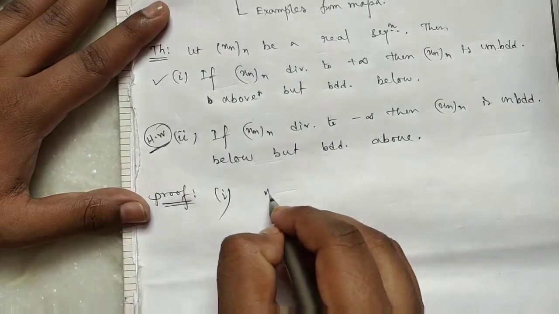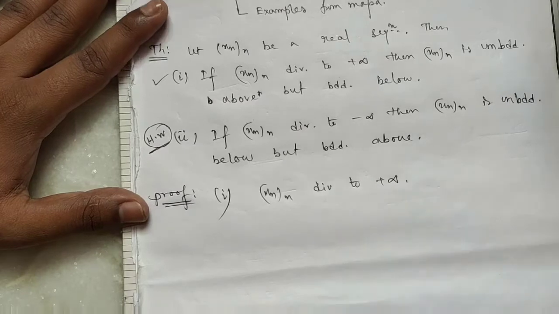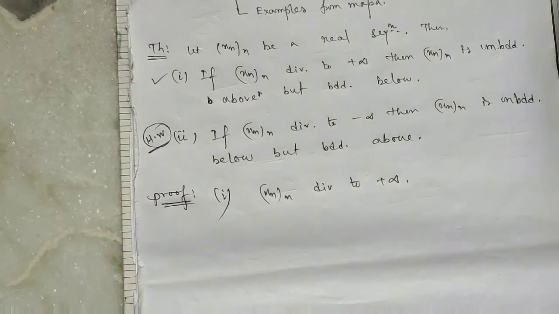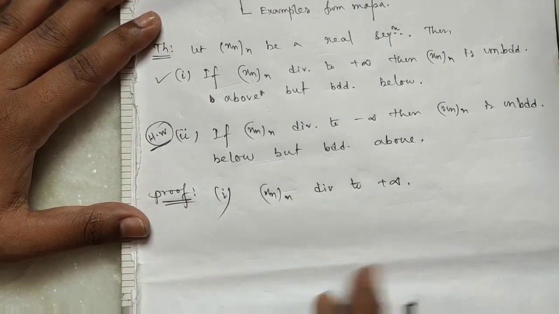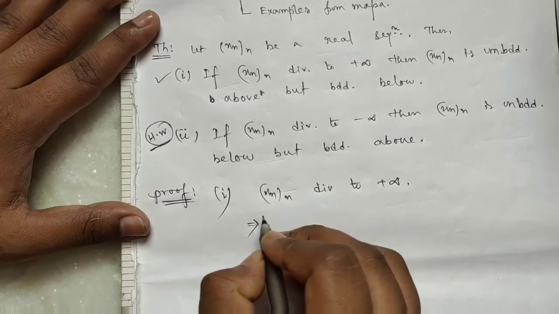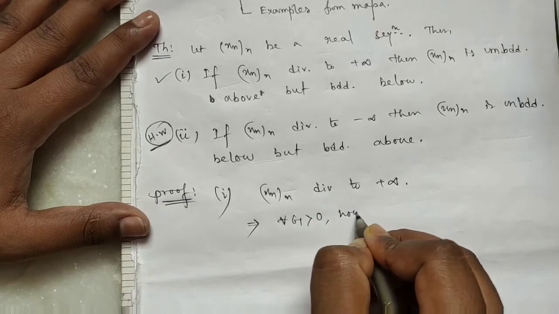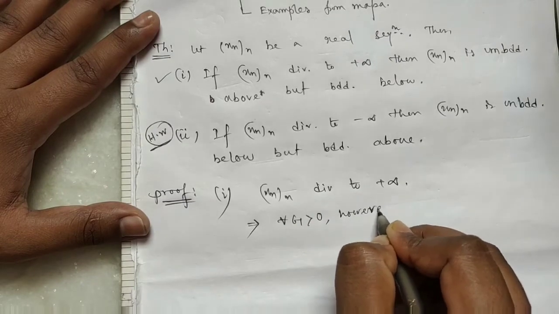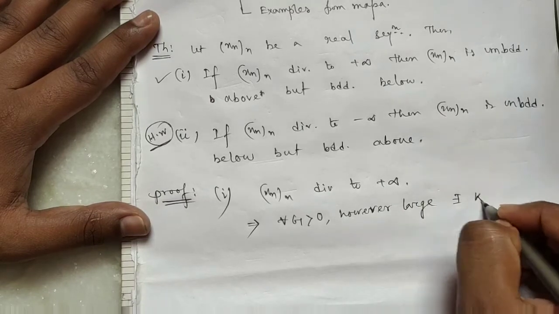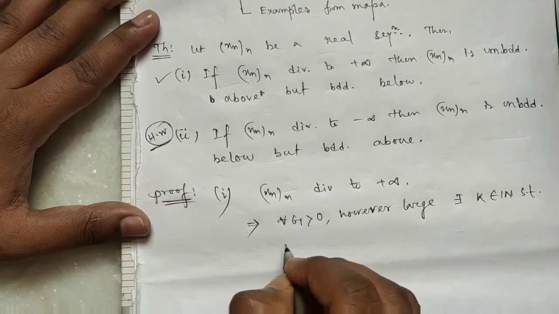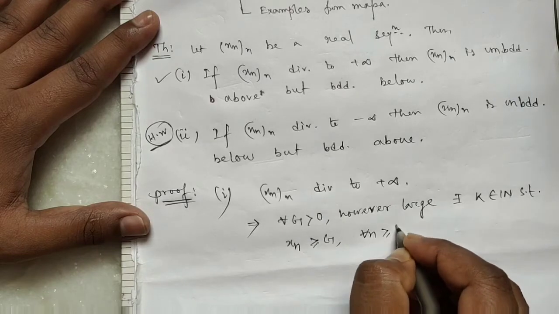Since xn diverges to plus infinity, in the previous class we discussed the definition. The definition is: for each g greater than 0, however large, there exists a natural number k belonging to N such that xn is greater than or equal to g for all n greater than or equal to k.